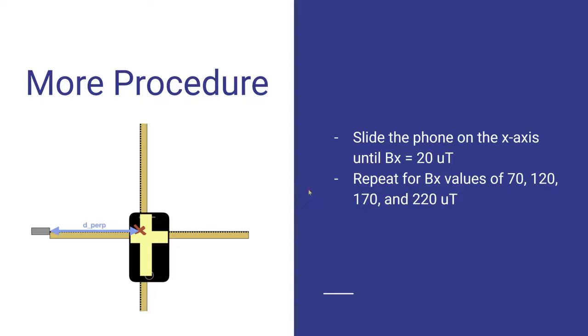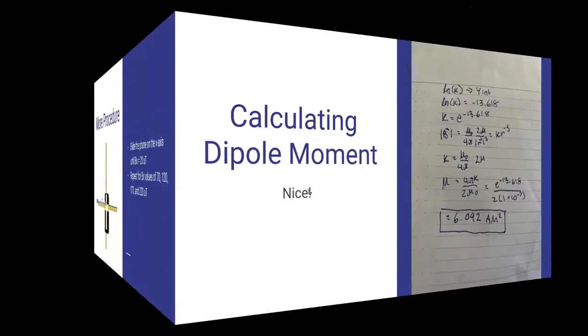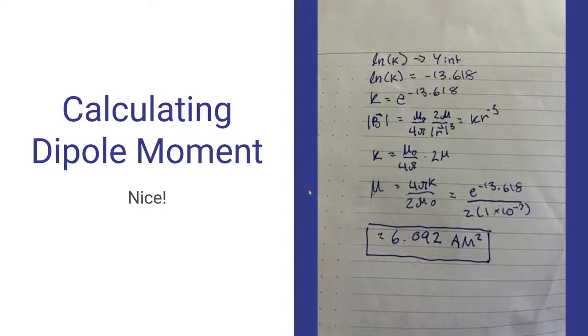Then to actually get the data, you slide the phone perpendicularly away from your magnet until the field is equal to 20, and then you repeat that for field values of 70, 120, 170, and 220. And then using the data, we calculated the dipole moment. And with this, we used the first equation that I showed, and I ended up getting 6.02 amps meter squared.